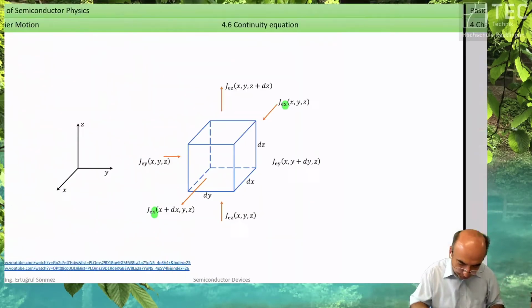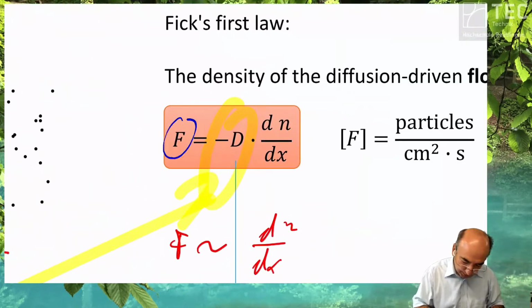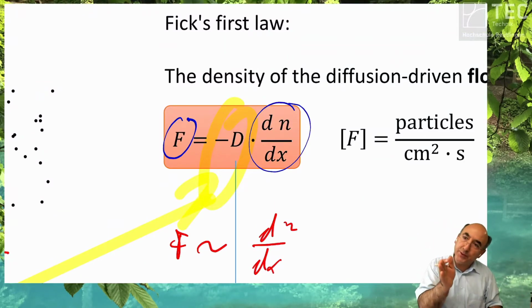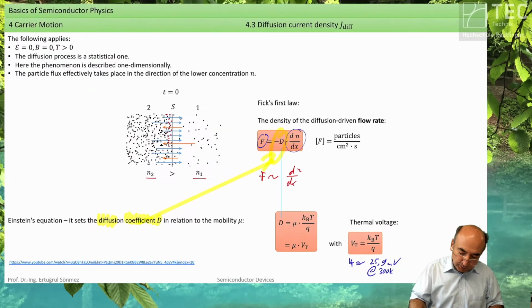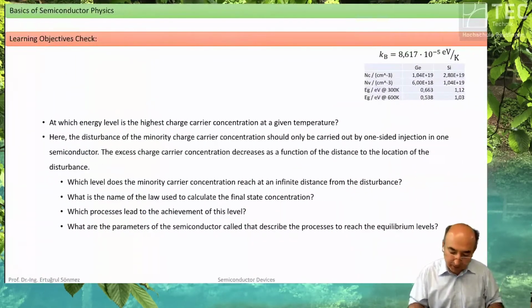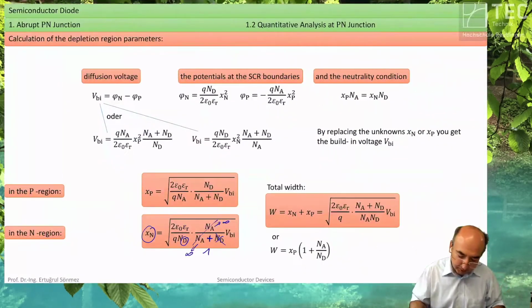The flux is a function of the disturbance. So we know that at the space charge boundary, we have a certain delta n, and therefore we have a certain flux. And this flux does change with the location. And these topics we put together and do some calculations.